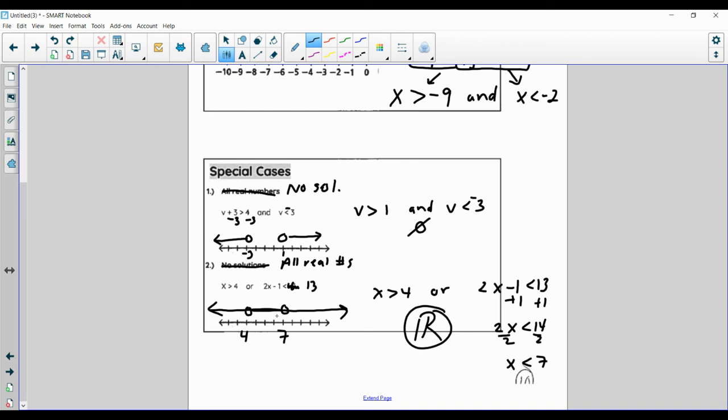So if you get an OR graph that overlaps like this, has two arrows overlapping, the answer is going to be all real numbers. So a no solution will always be an AND inequality, and all real numbers will always come from an OR inequality. That's the important thing to know about the special cases.